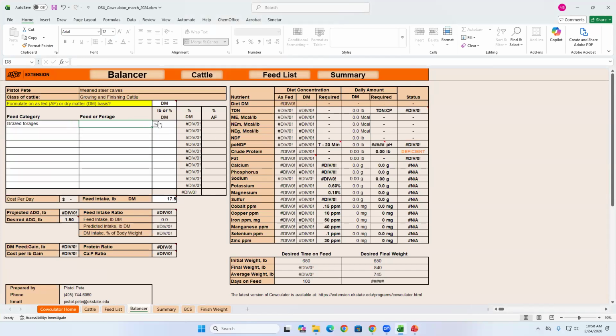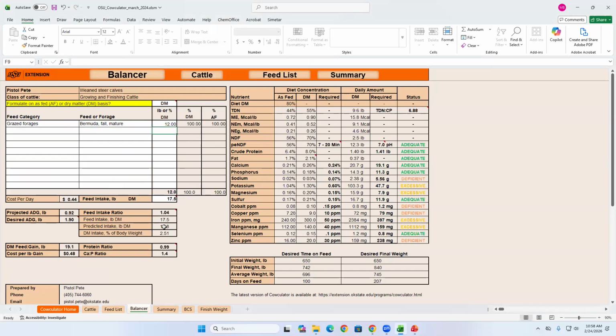Graze forage. Got to start somewhere. So they are predicted to eat 16.8 pounds of mature Bermuda grass per day. So add that there. Change this. Okay. So lower quality forage than the alfalfa.